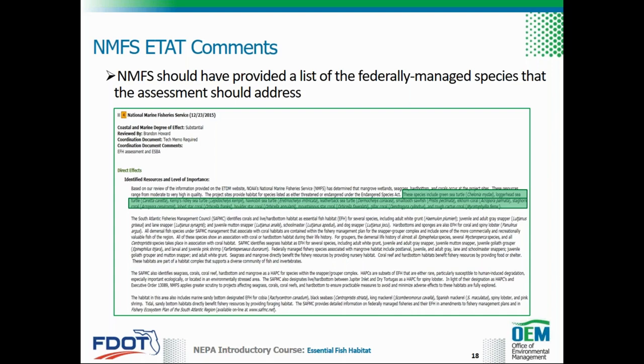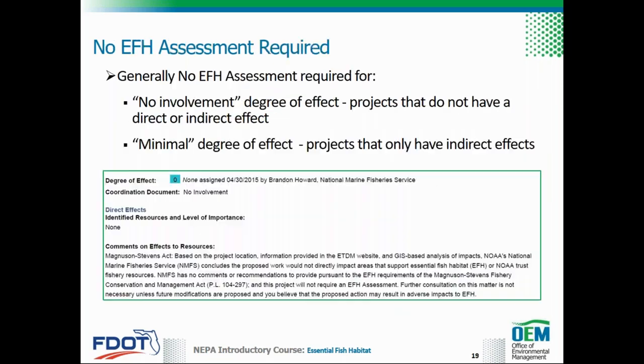All of these species and their habitats should then be addressed by FDOT in the subsequent EFH assessment. The comments provided by NMFS as part of the ETDM process are a valuable resource of preliminary agency feedback that can be referred to as FDOT develops the EFH assessment during the PD&E phase.